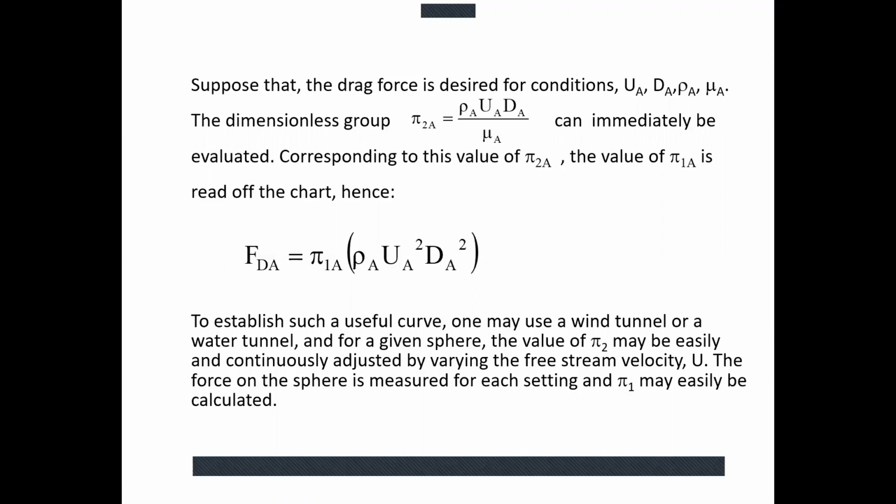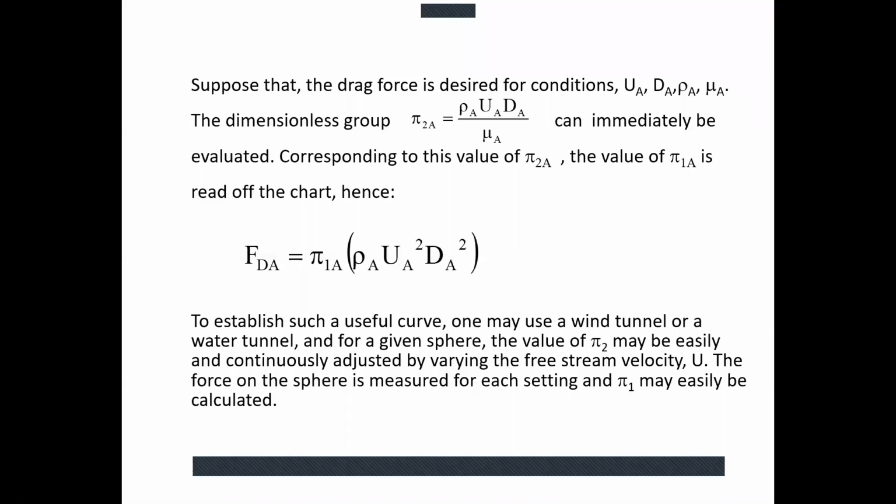For a given sphere, the value of pi 2 may be easily and continuously adjusted by varying the free stream velocity u. Surely u can be controlled by us in those experimental sets. The force on the sphere is measured for each setting, and pi 1 may easily be calculated.